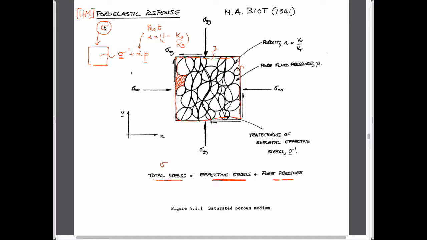And so it's the effective stress that causes the deformation. So two things. Boundary conditions are defined in terms of total stresses, and the stress equilibrium equations, even though we really haven't talked about those, are written in terms of total stresses. But interior behavior, deformation, is conditioned by effective stress, not total stress. And also failure is controlled by effective stress. And so those are the two conditions that we have to account for.